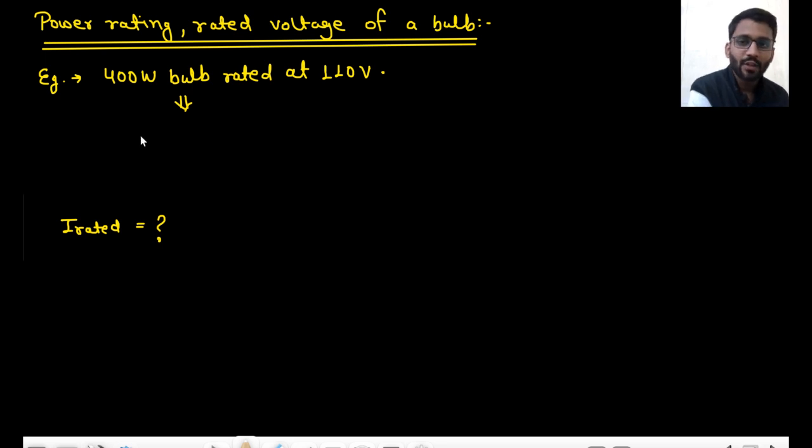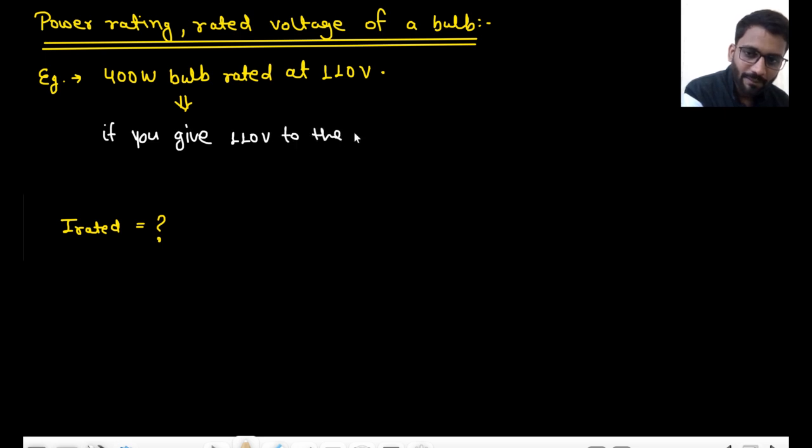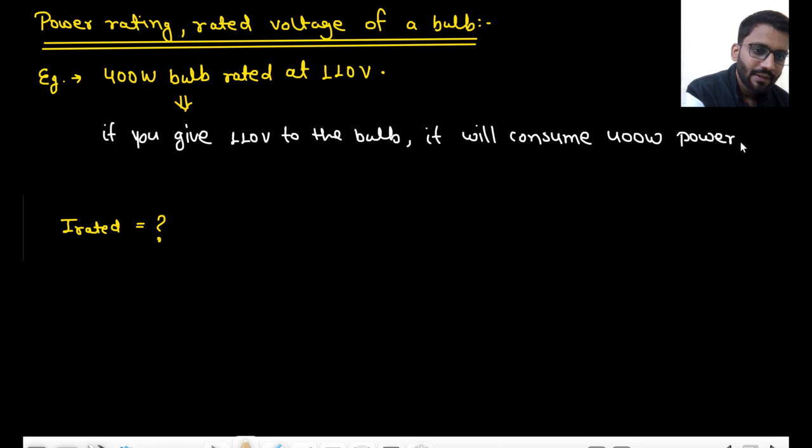That means that if you give 110 volt to the bulb, it will consume 400 watt power. That means it will give you light according to 400 watt.